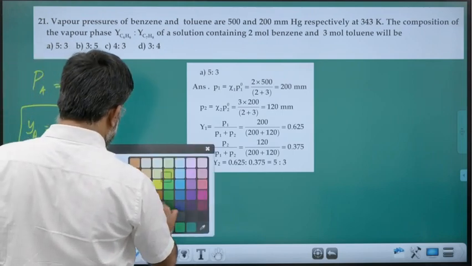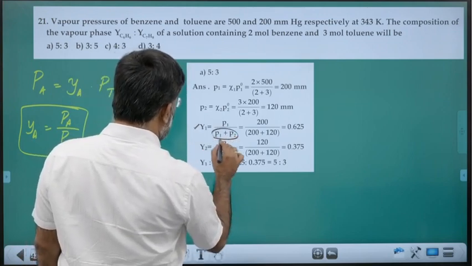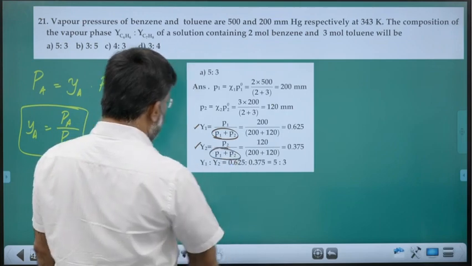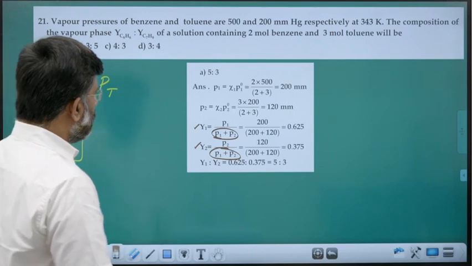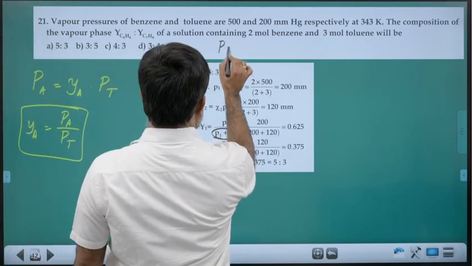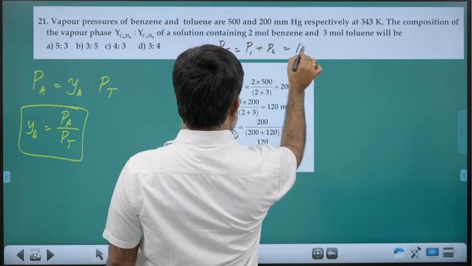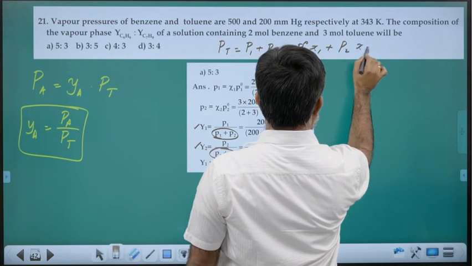Therefore, Y1 is equal to P1 by P total, Y2 is equal to P2 by P total. How to get P total? P total is equal to P1 plus P2, that is P01 x1 plus P02 x2.